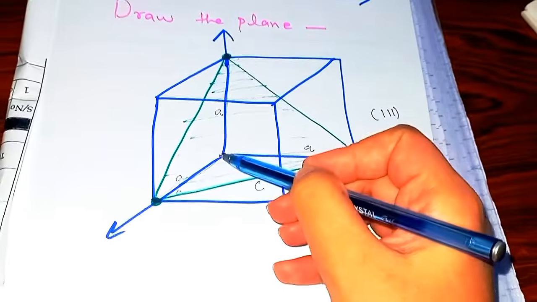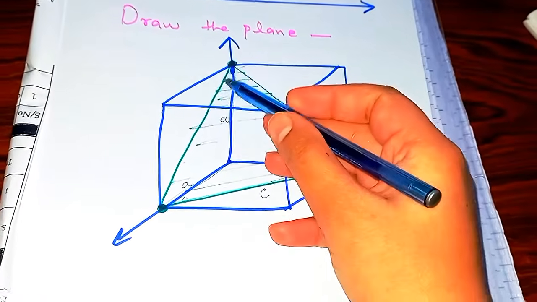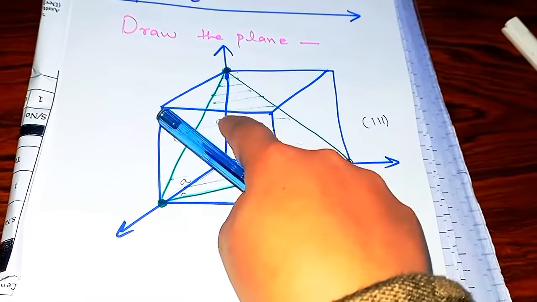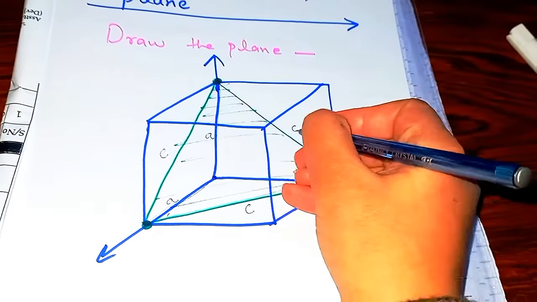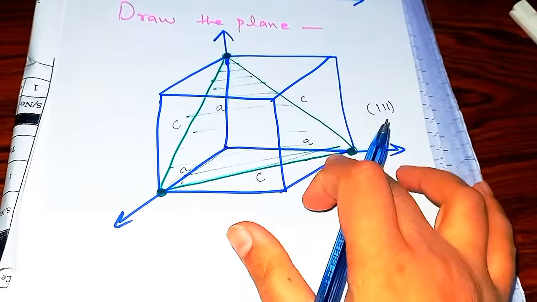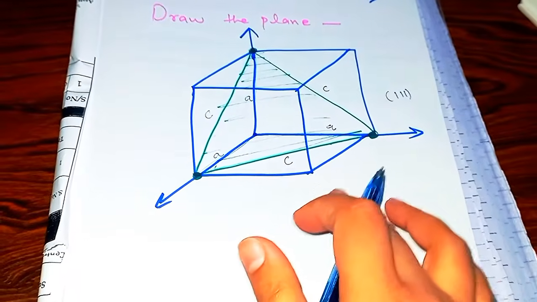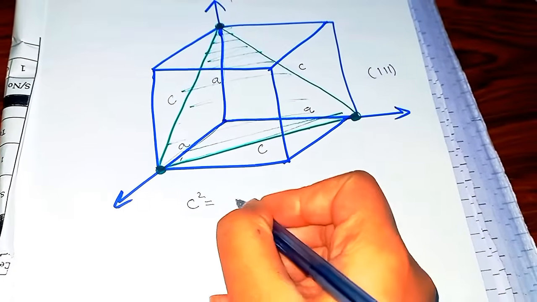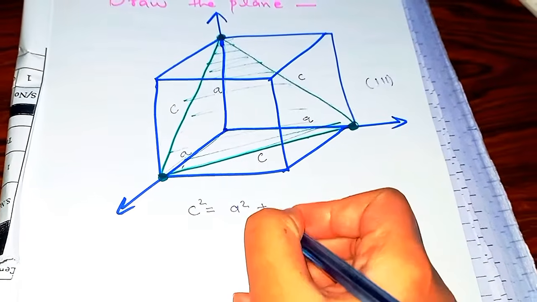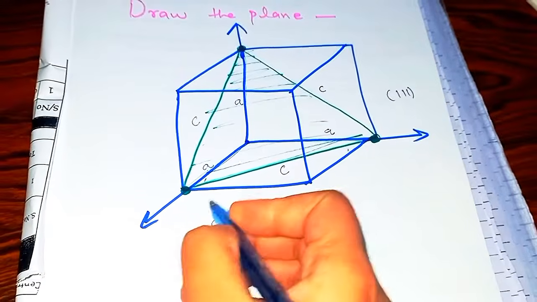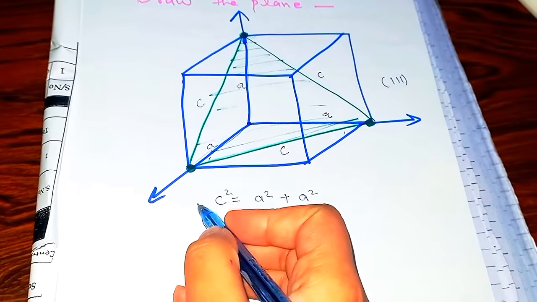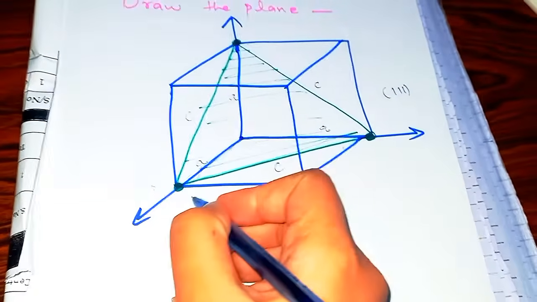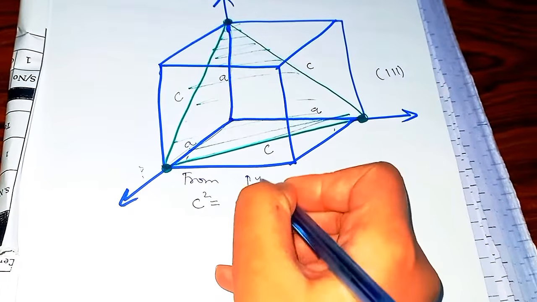This is the base a, this is the perpendicular a, hence it will also have the similar c side because both sides are equal. We can calculate this length, as it will be used to calculate the area. So c squared is equal to a square, which is base square, plus a square, which is the perpendicular square. That is from Pythagoras theorem.